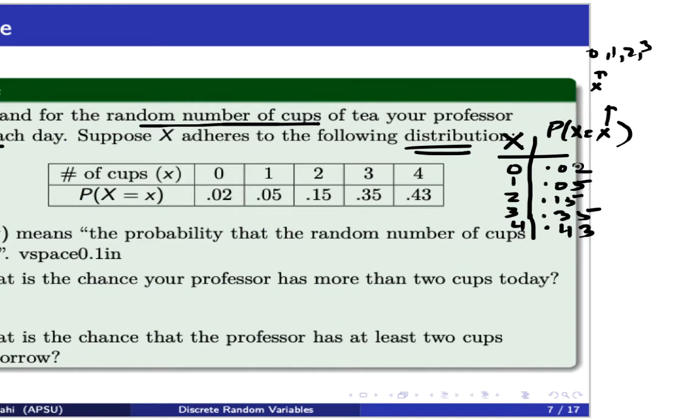Okay, now look at the fact: is this a correct probability distribution? The first thing you have to keep in mind is, notice, each of these probabilities, 0.02, 0.05, 0.15, 0.35, 0.43, is between 0 and 1. So that means that's right.